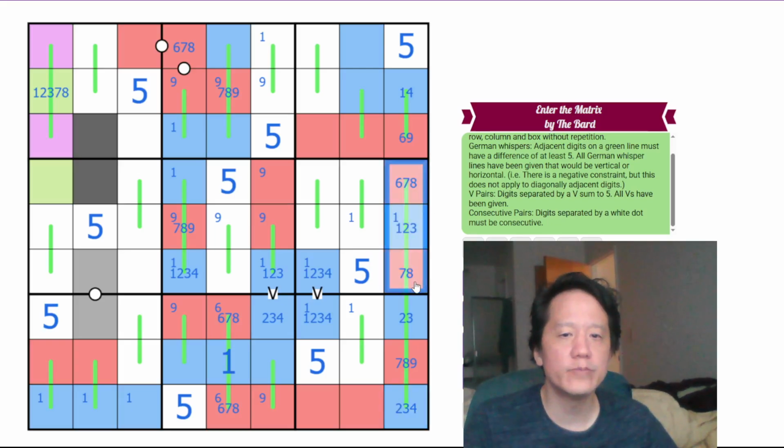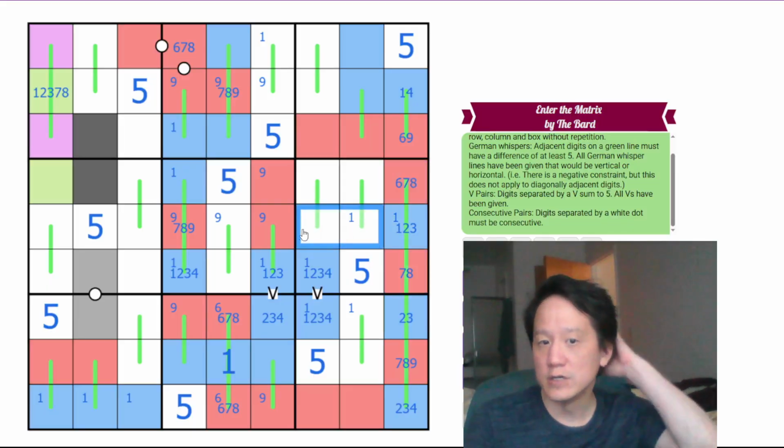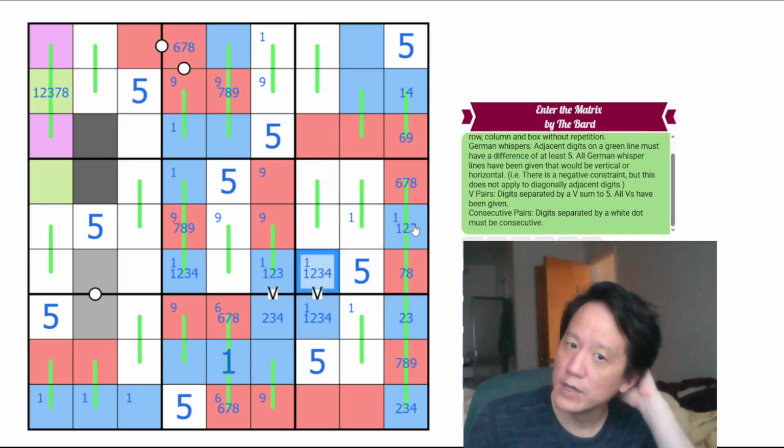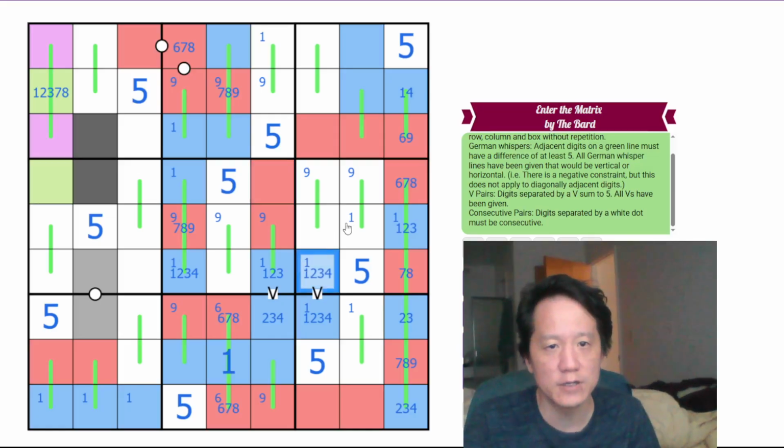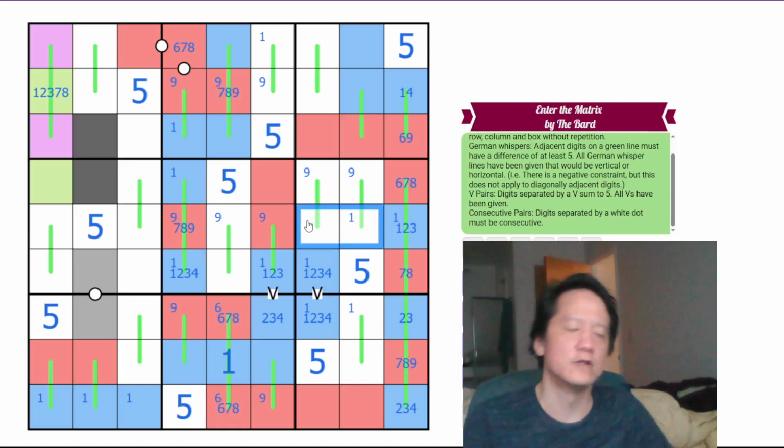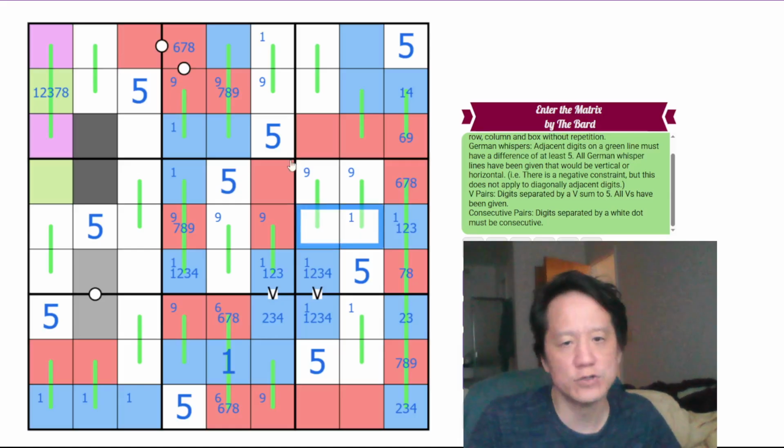So 9 can't be here. 9 cannot be either of these, because it would be next to a low digit, and there's no German whisper line between those. So 9 has to be one of these 2, which means this cannot be 9. So 9 is one of these 2, which means it must be with a low. We don't know which, though.